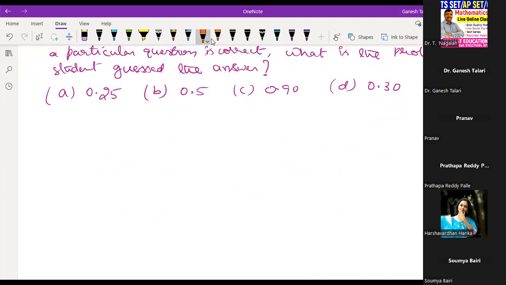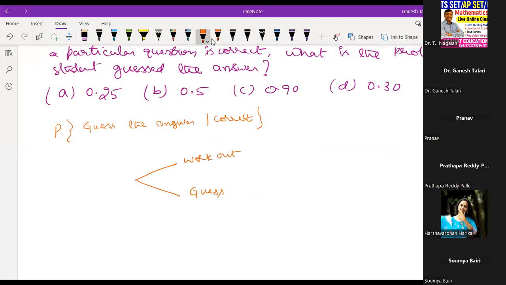See, what we have to find out is the probability of guessing the answer when it is correct. So we have two options. One is the student works it out. The second one is he guesses.